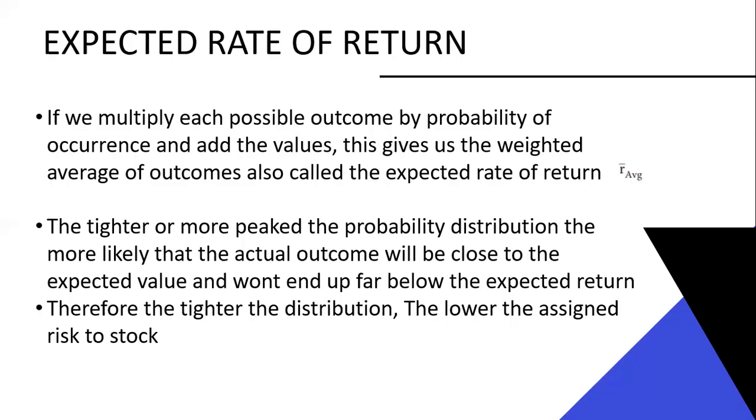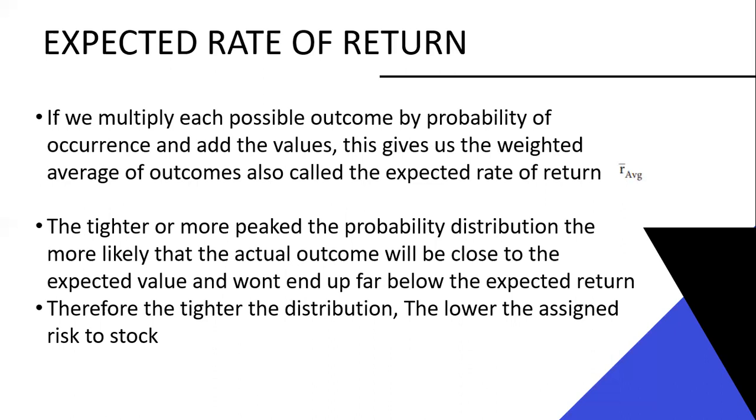I think I've already shown you an example of this in the class, but let's say there is a situation where the probability that the return is going to be 1% is 10%. The probability that the return is going to be 2% is maybe 80%.